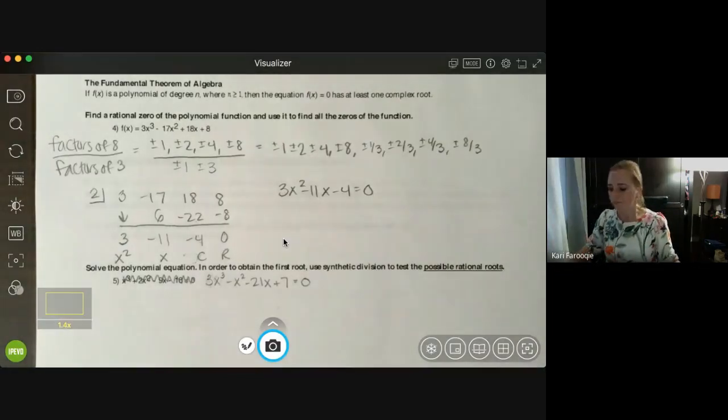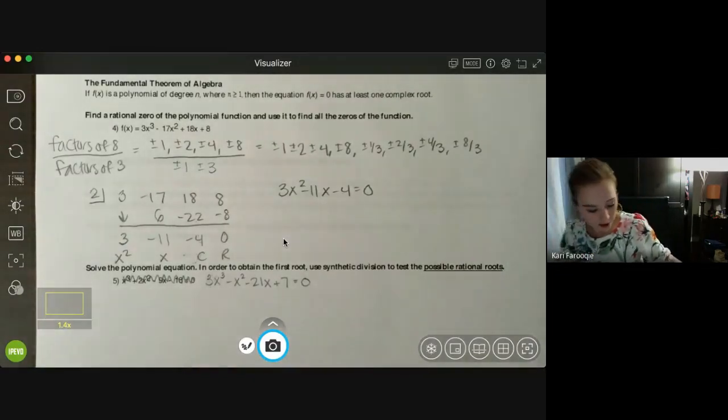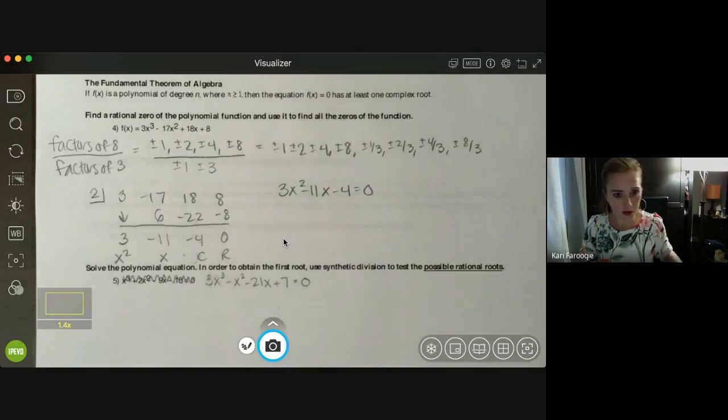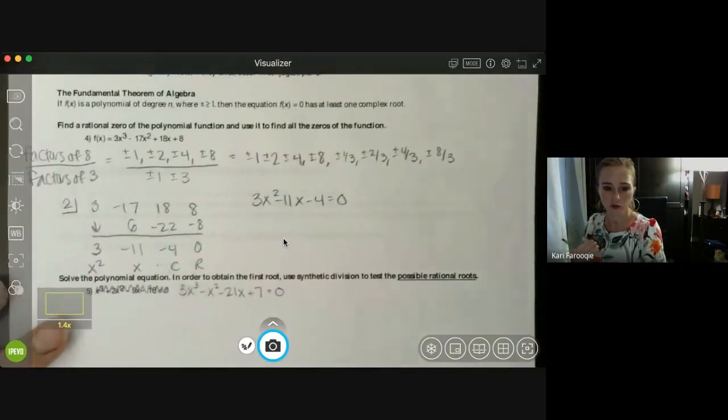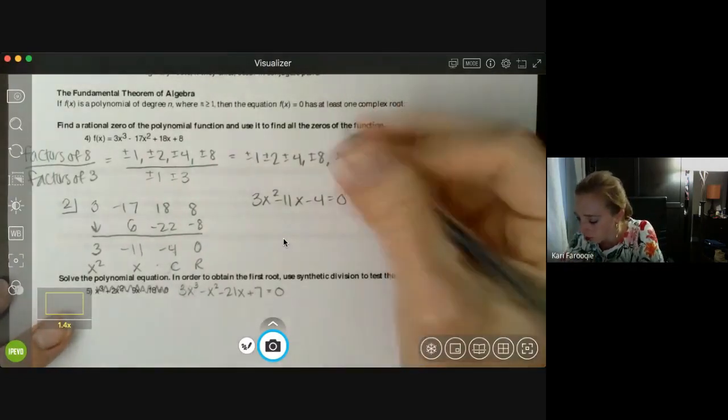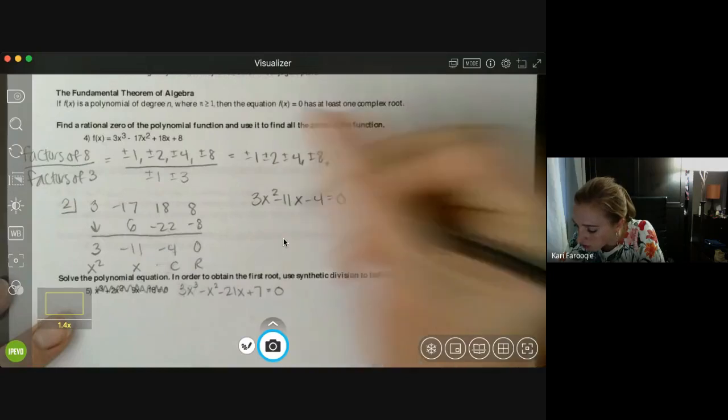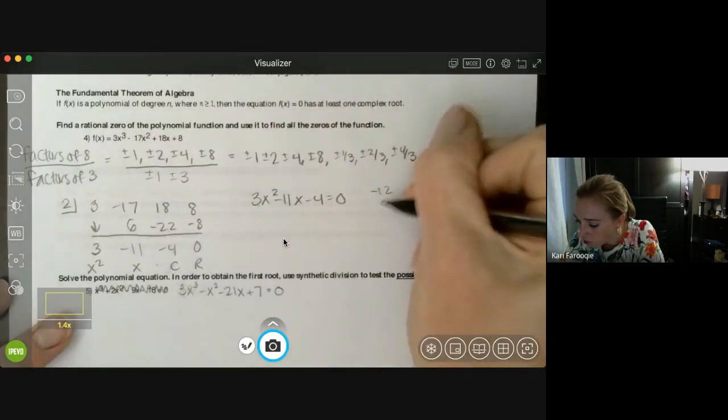Okay. Now this is one that you could have solved by factoring, or you could solve it using the quadratic equation. I'm going to do it by factoring. If you want to do the quadratic equation, check to make sure that you get the same thing. Multiply a times c to get negative 12.